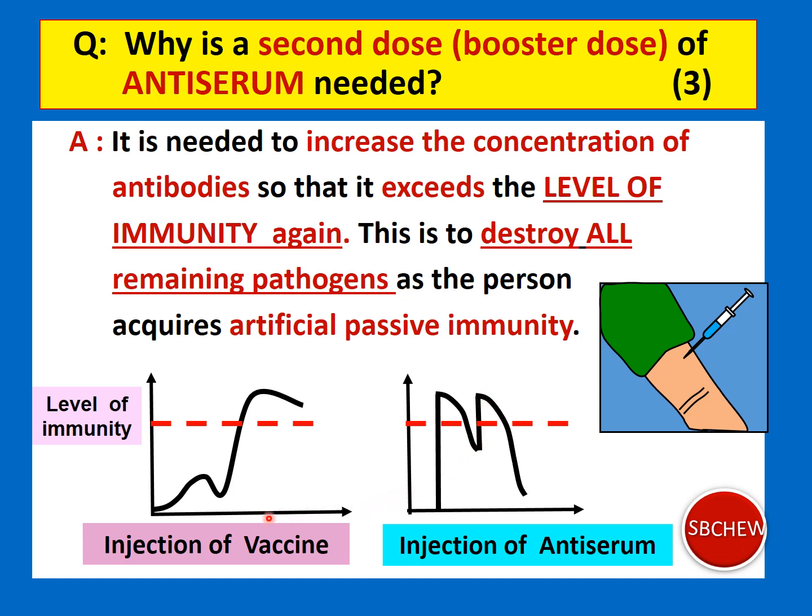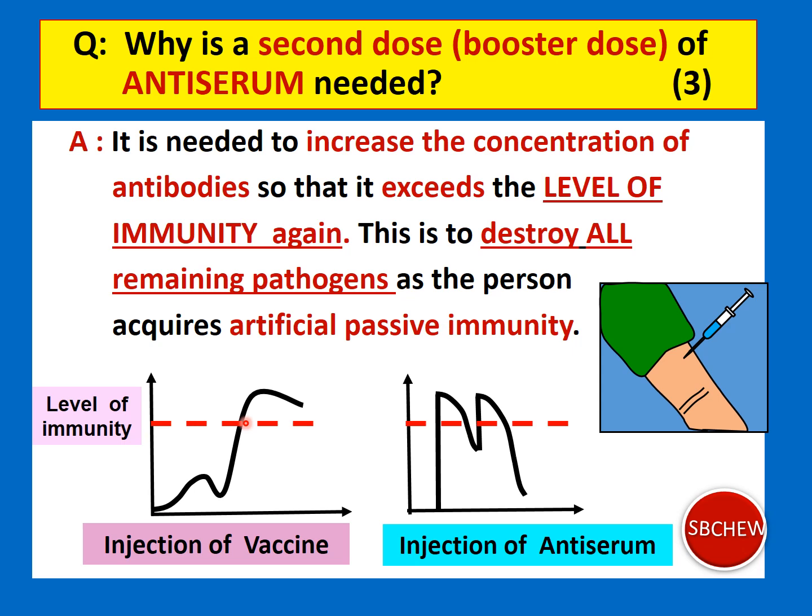Now this is unlike artificially acquired active immunity, as can be seen in this graph here. See, the booster dose is given somewhere here, to raise or increase the concentration of antibodies to exceed the level of immunity for the first time, and that is to help the person acquire the artificially acquired active immunity.